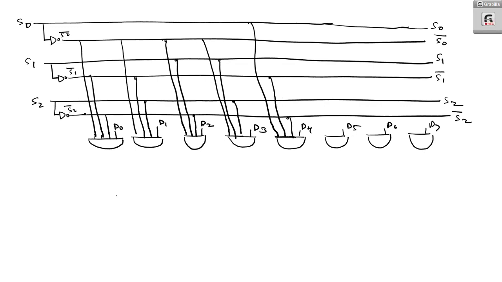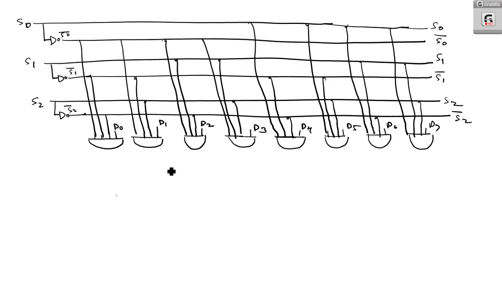What is D5? 1, 0, 1. That is S0, S1 bar and S2. Now D6 is 1, 1, 0. That is S0, S1 and S2 bar. Next one is 1, 1, 1. That is S0, S1 and S2.